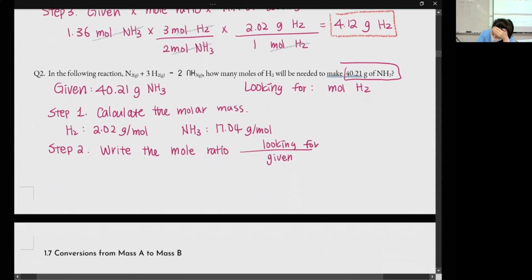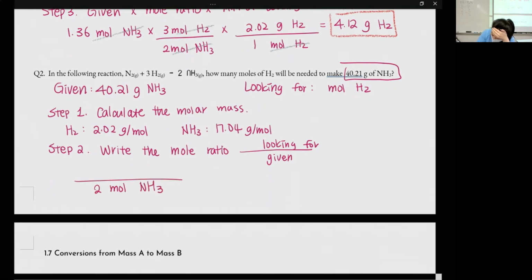So our mole ratio would be 2 mole of NH3, and then on the top will be the H2, so it will be 3 mole of H2.